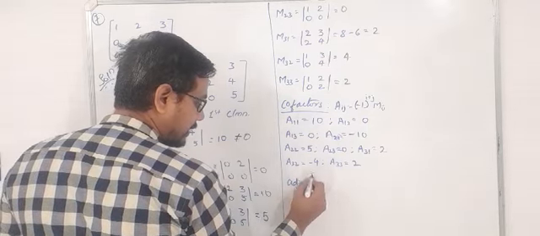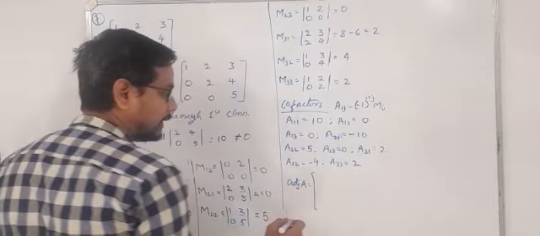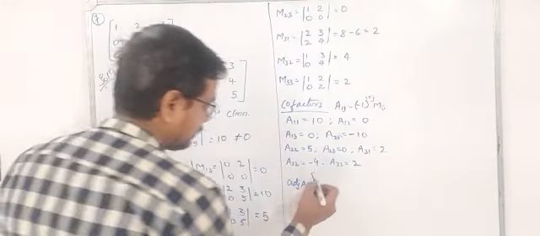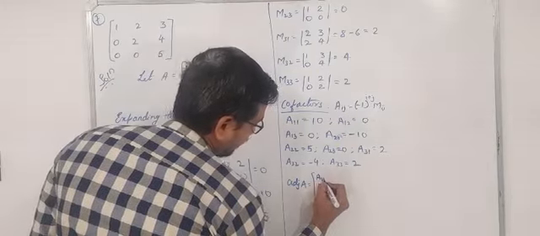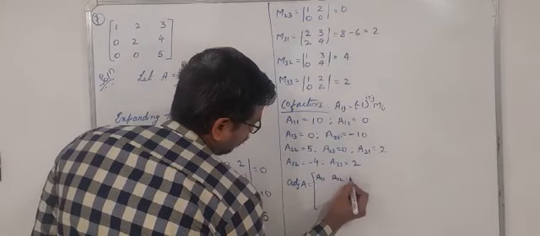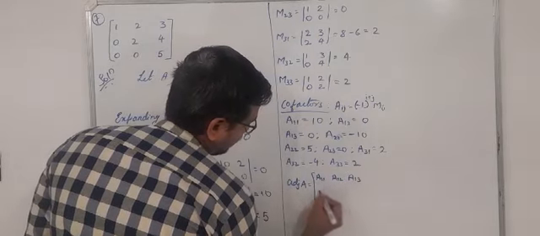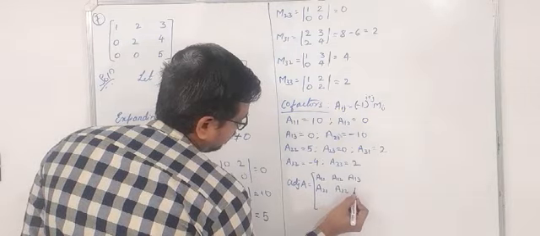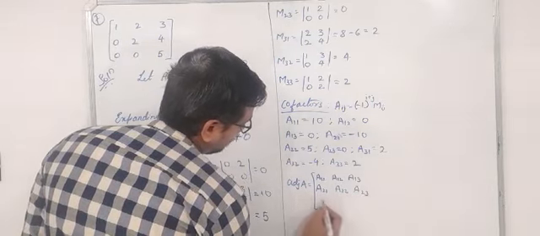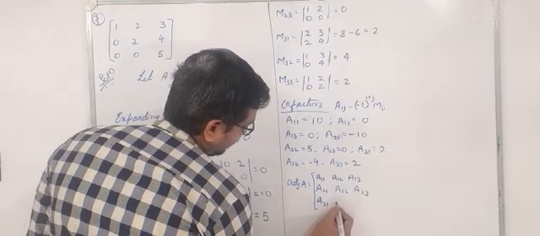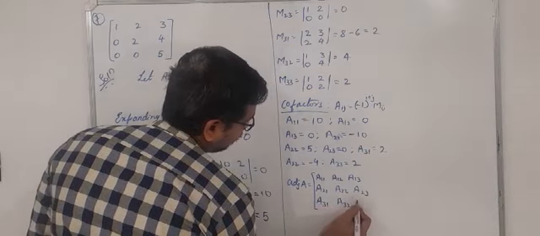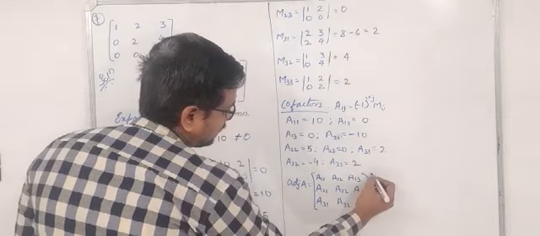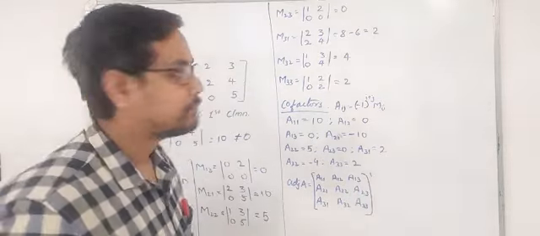So now, what is the adjoint of A? Adjoint of A is, right, the matrix A11, A12, A13, A21, A22, A23, A31, A32, A33, transpose, right?